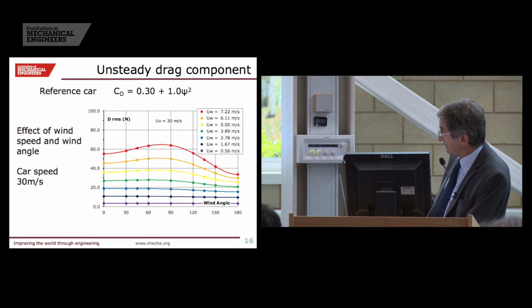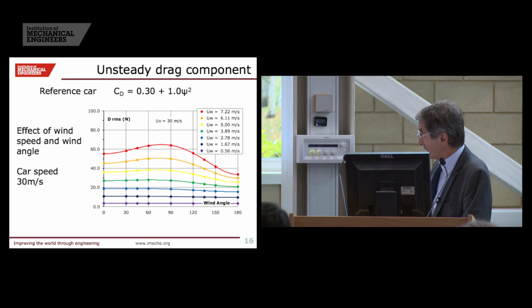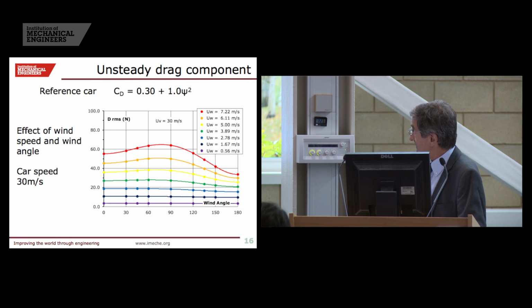If we then look at the RMS drag against wind angle, we can see at high wind velocities there is... It is essentially flat at very low wind velocities, but shows increasingly a peak at a certain wind angle at higher wind velocities.